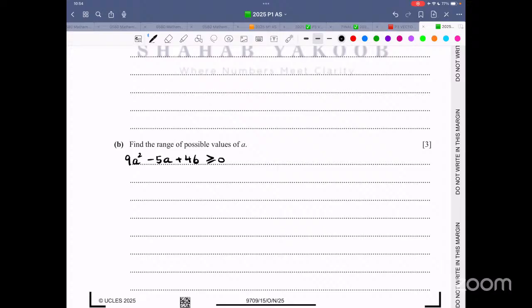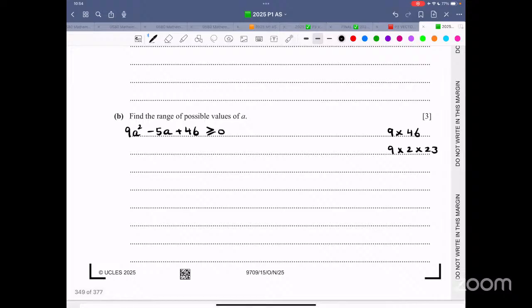You don't need 414 as such. Just write over here 9 into 46. 9 is 9 and 46 is 2 into 23. So 9 into 2 is 18 into 23. The difference is 5. Perfect. So this is 9a square plus 18a minus 23a plus 46 is greater than or equal to 0.